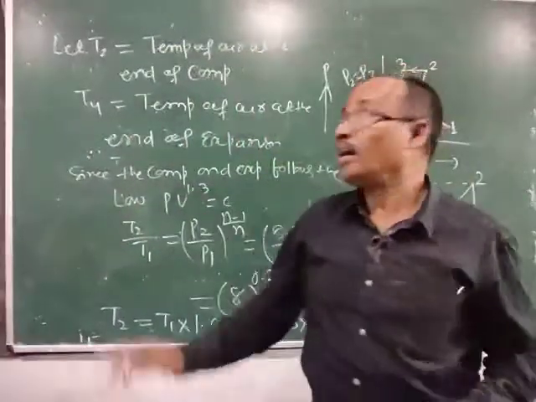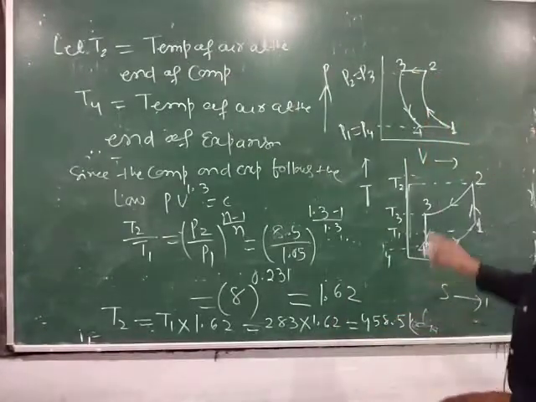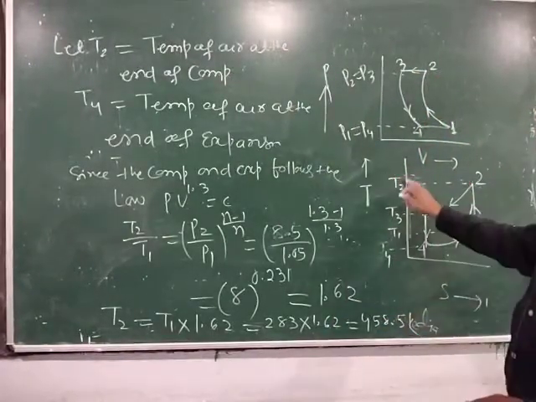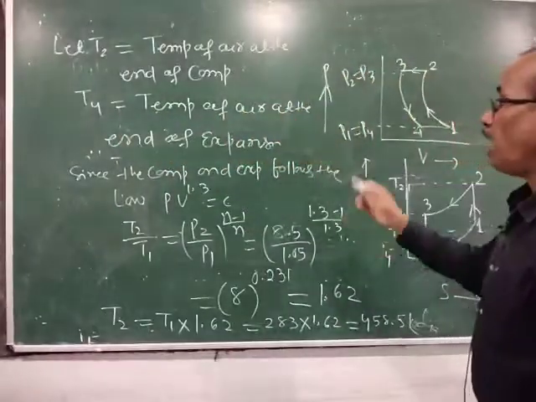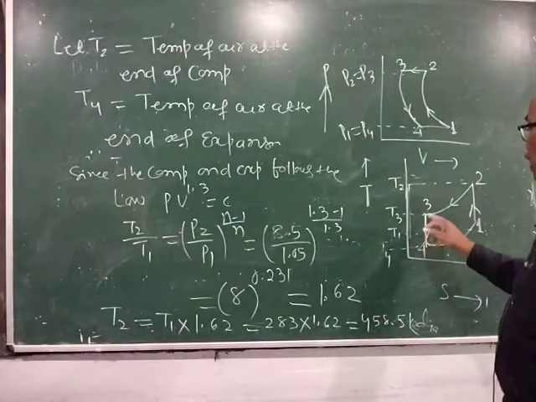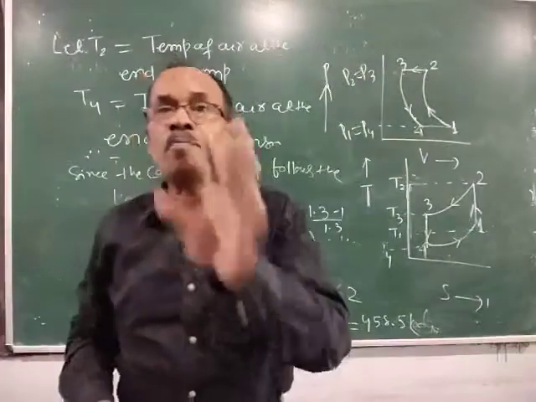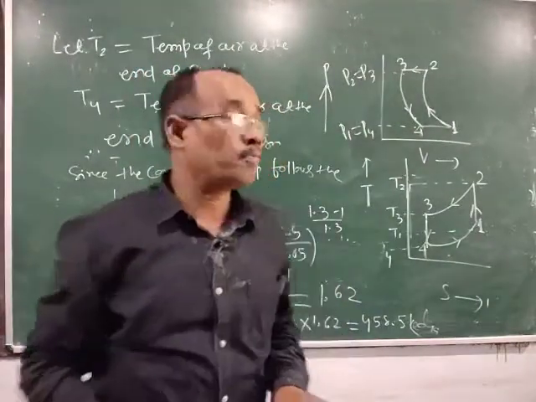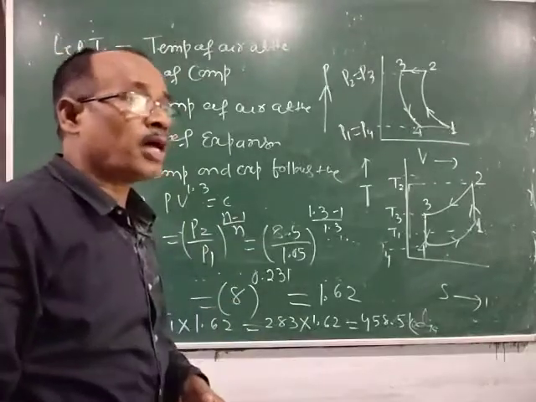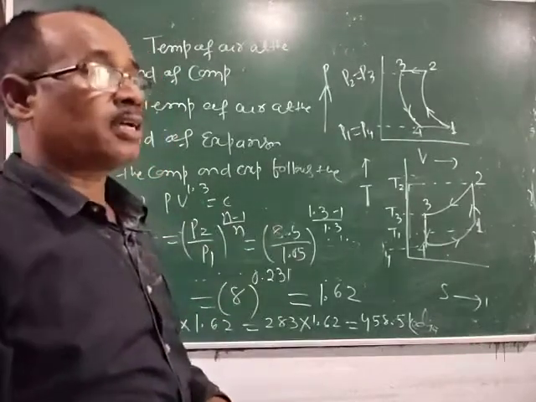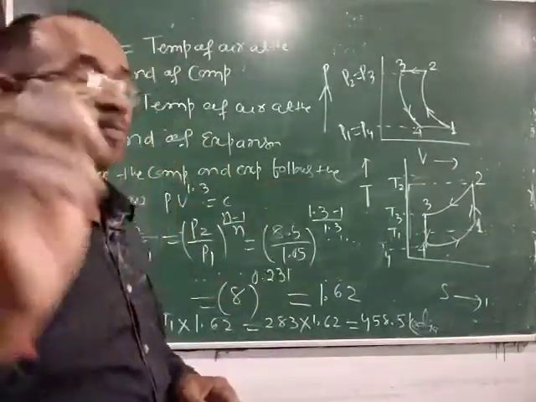Let T2 be the temperature of air at the end of compression, and T4 the temperature of air at the end of expansion process. Since the compression and expansion follow the law P v to the power 1.3 is equal to constant, here this is the polytropic index. Here N is equal to 1.3.